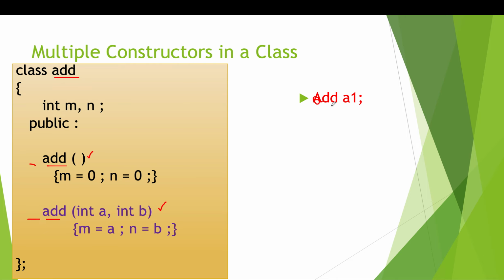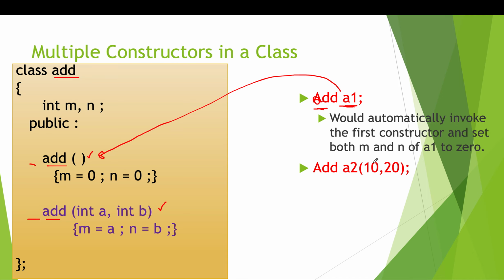So add a1. When you say add a1, you're creating the object, the name of the object is a1 and it is of class add. With this, automatically your first constructor function will be called because you have not given any parameter as input. Now the second call would be add a2 10, 20.